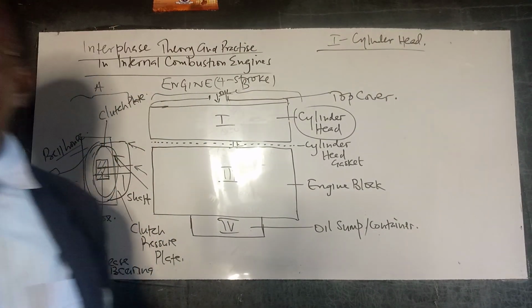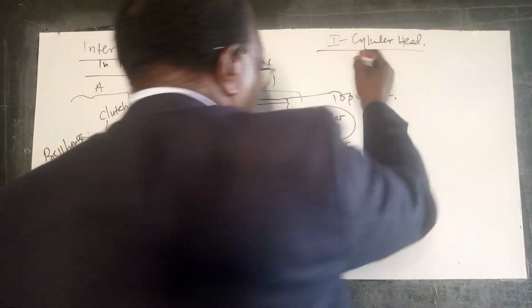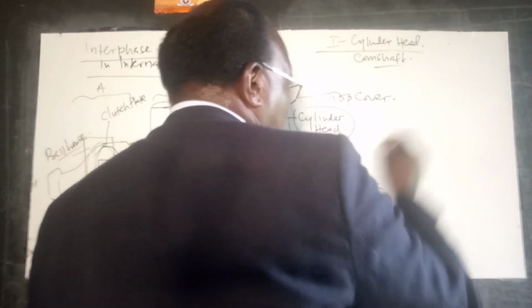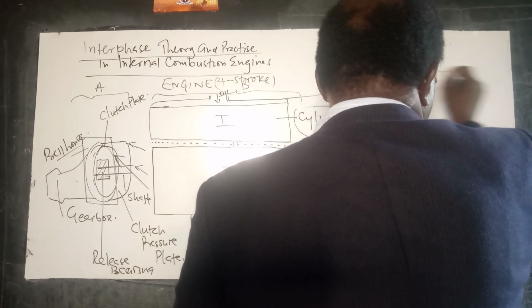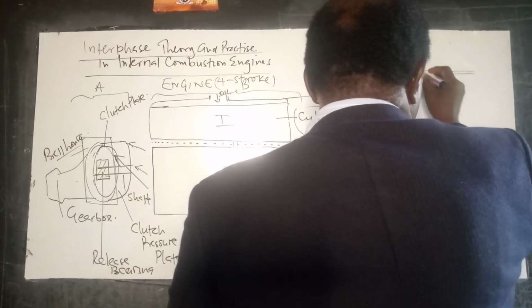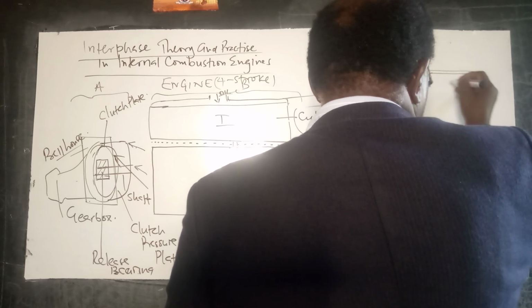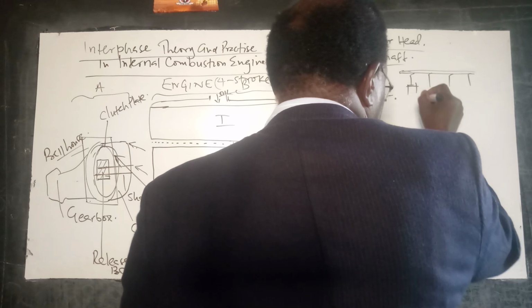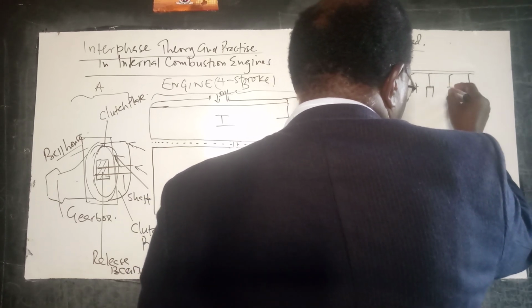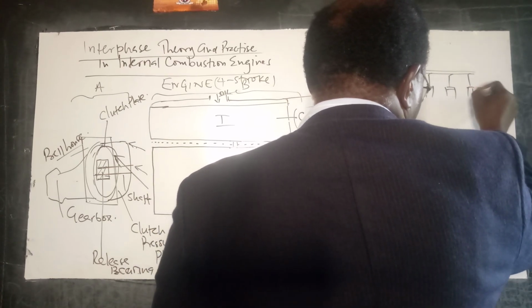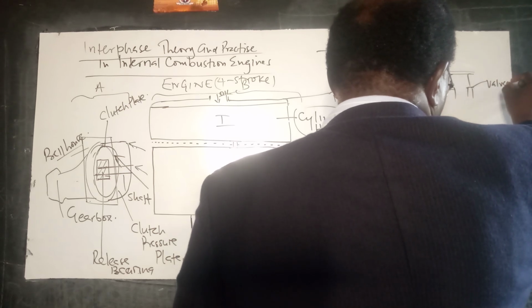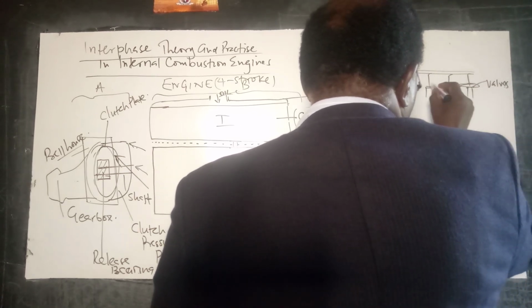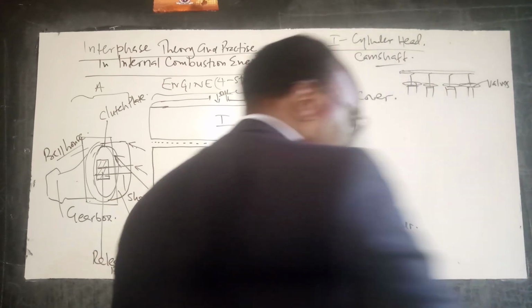In the cylinder head, we have the camshaft, and you can just represent it schematically in that manner. Think of it as having some stepping wheels. We step on the valves. There has to be a very important thing called the clearance for the valves.